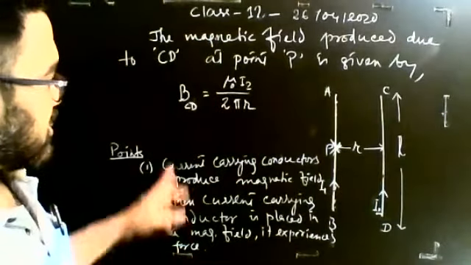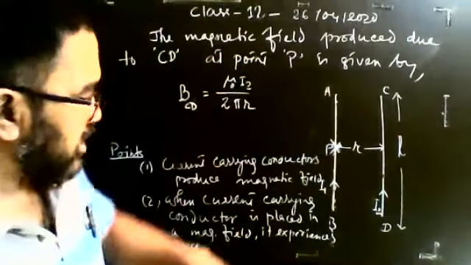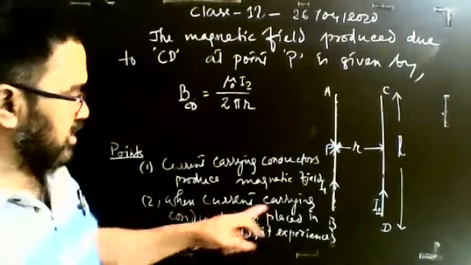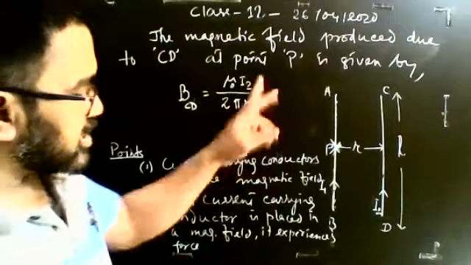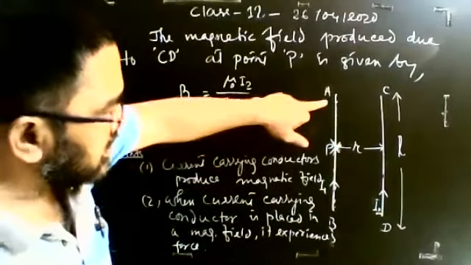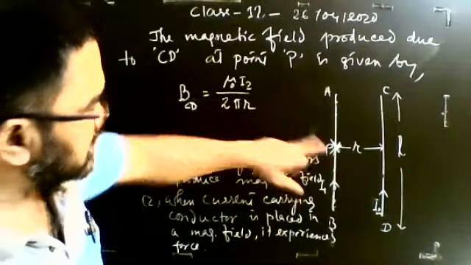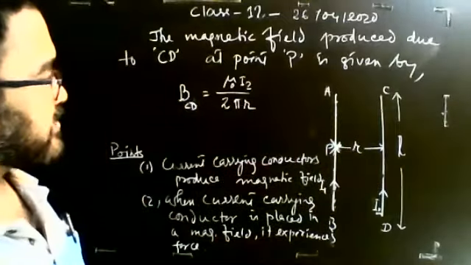What does it mean? It means that the AB conductor is placed in a magnetic field. According to the principle, when a current carrying conductor is placed in a magnetic field, it experiences a force. Definitely, this conductor will experience some force due to the magnetic field produced by CD.